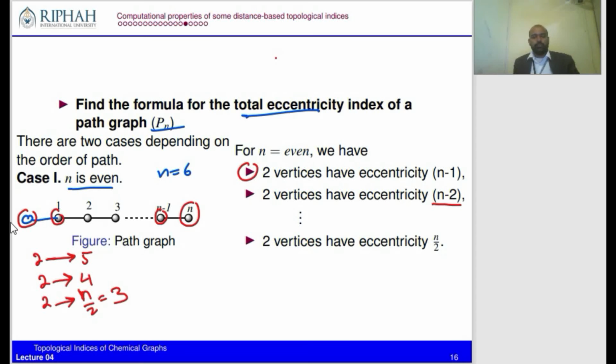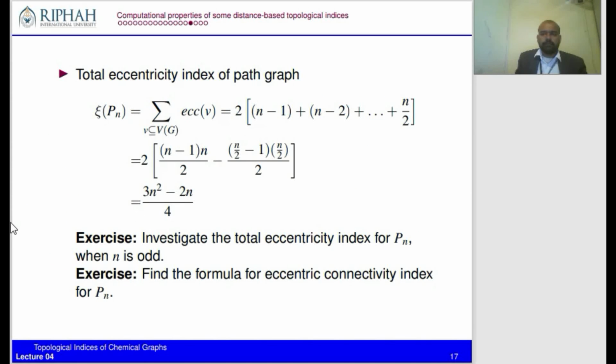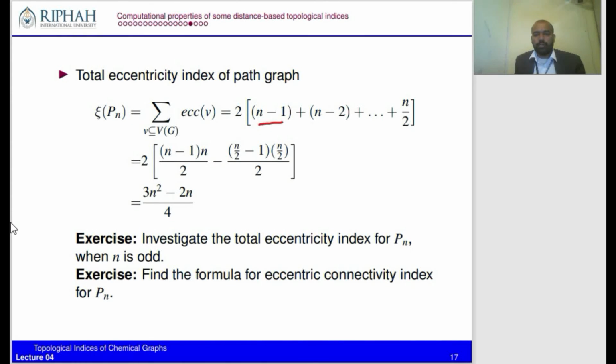So using this information in the definition of the total eccentricity, the total eccentricity of Pn is equal to the summation of eccentricities of every vertex of a graph G. It is given as 2, because we take 2 common from every term, and this is the first eccentricity, n minus 1, n minus 2, and continuing in this direction we reach n over 2.